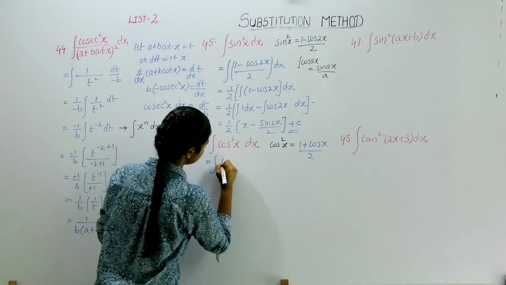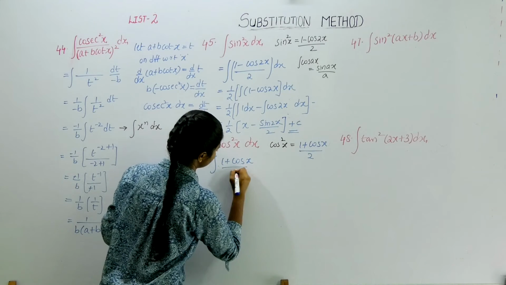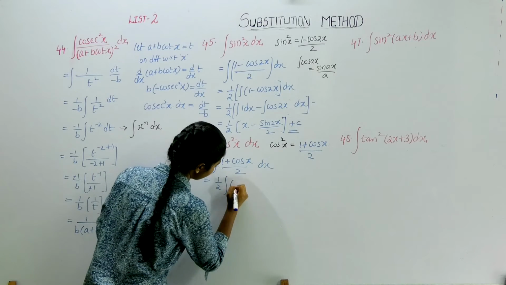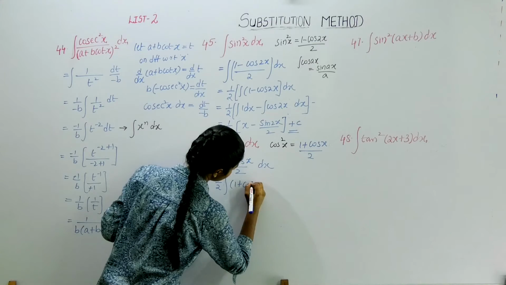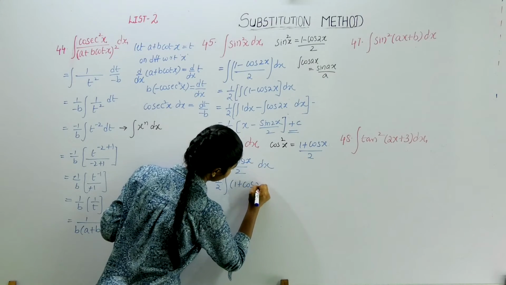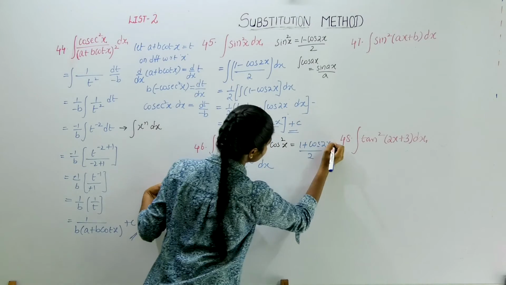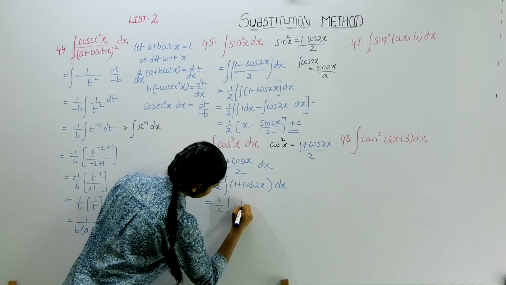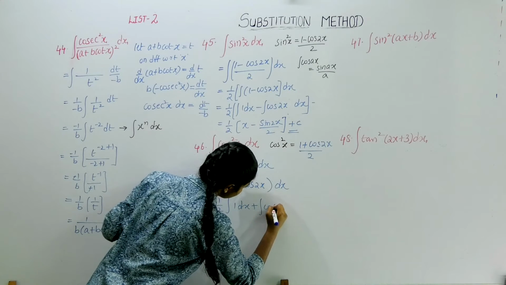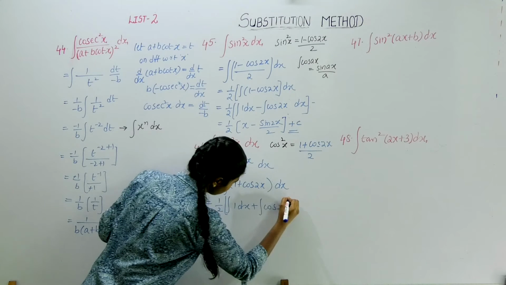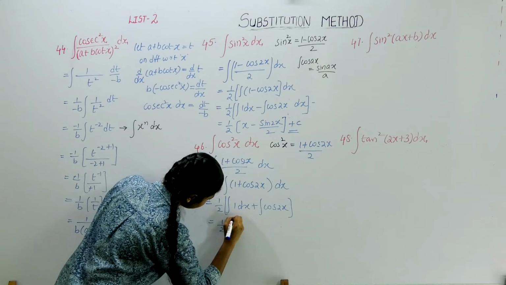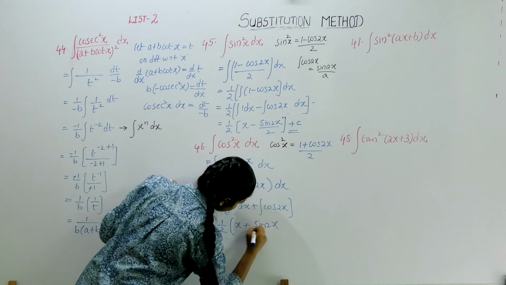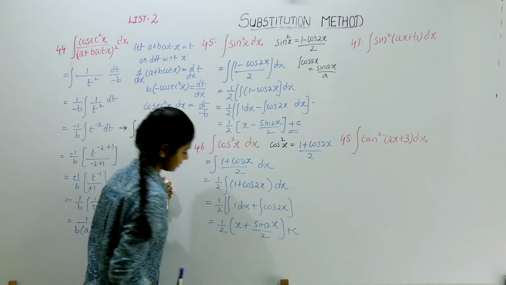We substitute it here: 1 plus cos 2x by 2 dx. 1 by 2 is a constant, take it out of the integration and we are left with integral (1 plus cos 2x) dx. Integrating each term, 1 by 2 integral 1 dx is x, integral cos 2x is sin 2x by 2, plus c.